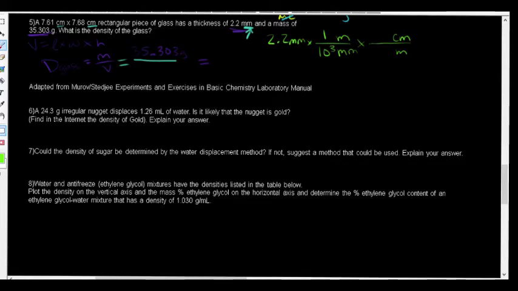The smaller unit is the centimeter and the bigger unit is meter. So for every 1 meter, there is 10 to the 2 centimeters. Now you're saying, well, why didn't you just divide the number by 10? You could do that, but this guarantees that you will not mess up at all, because you're going back to your base unit and then you're going to centimeters, to the unit you want to go to.